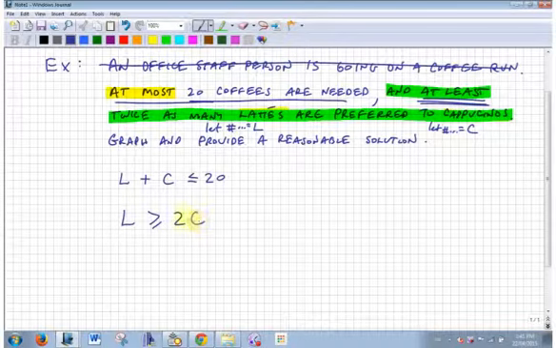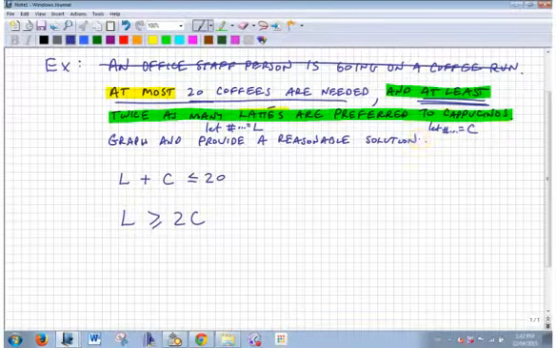If I've got 5 cappuccinos, because C is the number of cappuccinos, right? Then what do I have for lattes here? Yeah, does that work? Is that what this says? Yeah, okay. So I know it looks opposite, it looks backwards. That's what you got to do.